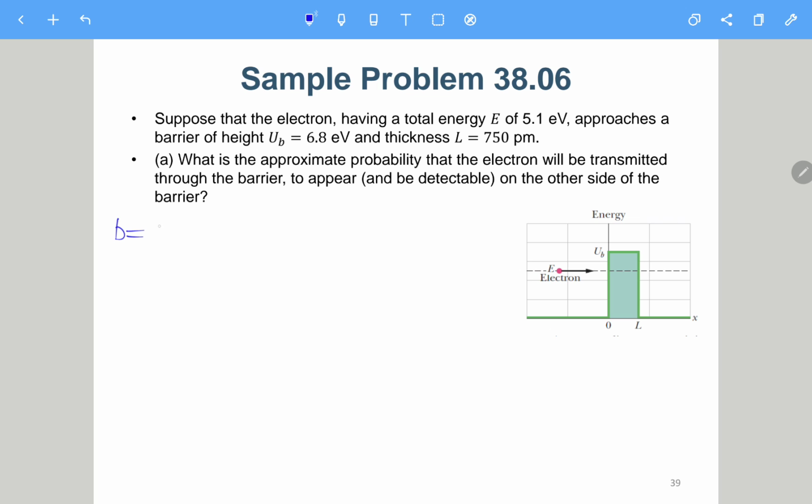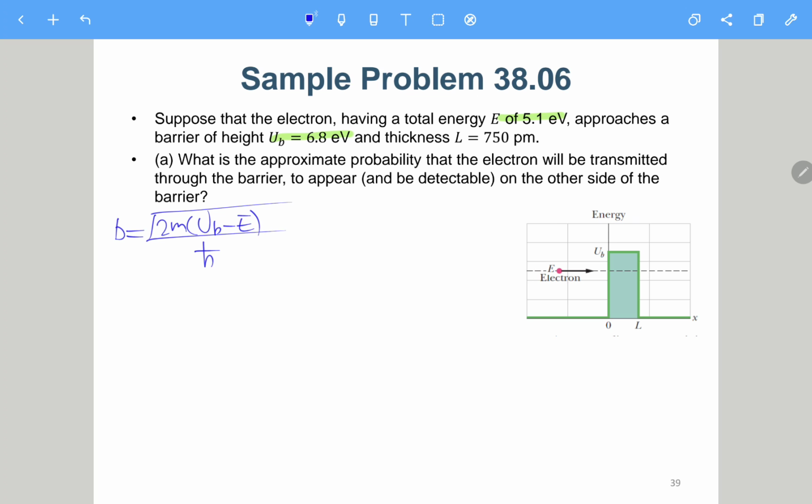So B is nothing but the square root of 2m times (UB minus E), all over h bar. UB is 6.8 eV, E is 5.1 eV.